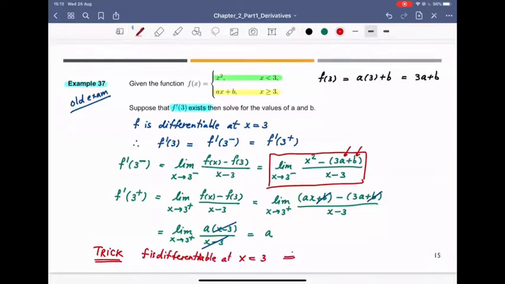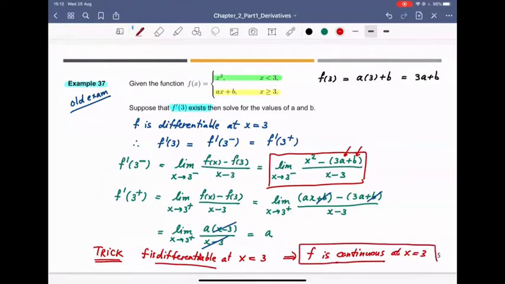It means that function f is also continuous at x equal to 3. We just learned in the first 5 minutes of this lecture that differentiability implies continuity. So that means if I have a differentiable function, the function must be continuous too. So now I have more conditions that I can play with. So I know that the function is continuous at x equal to 3.